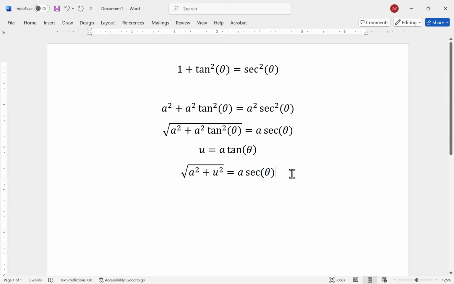And so that's how a squared plus u squared forms. That's why we use a secant theta with that form.